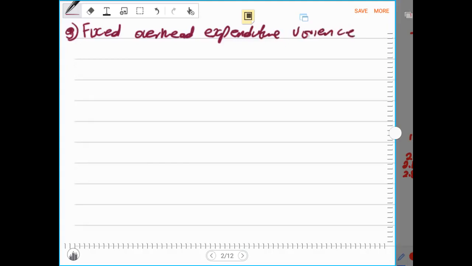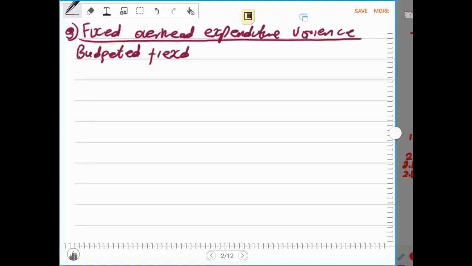This variance says budgeted fixed overhead minus actual fixed overhead. Budgeted fixed overhead minus actual fixed overhead.